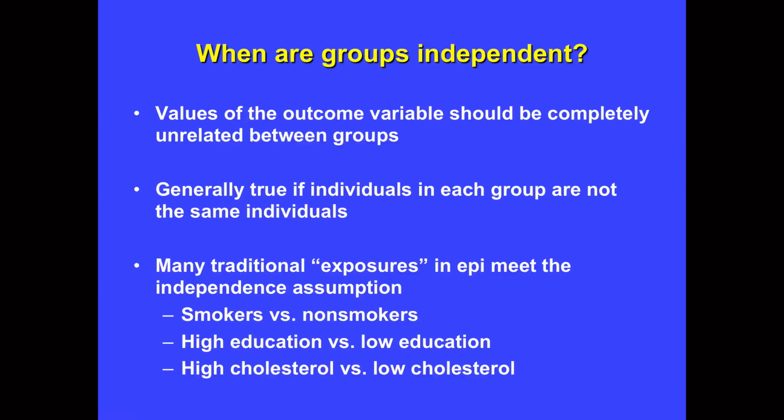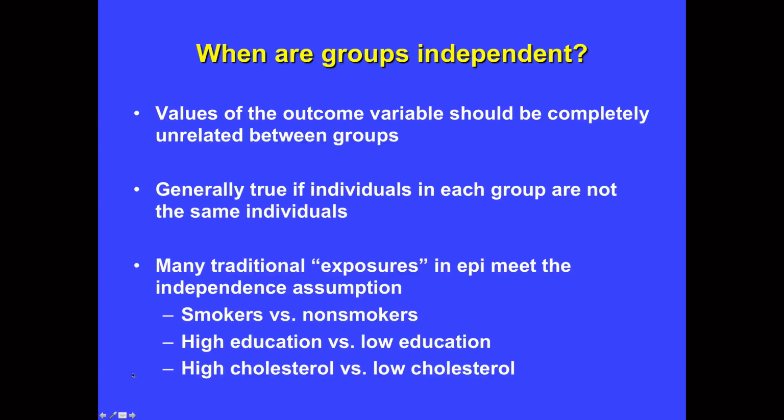And that's generally true if individuals in each group are not the same. That's not always true. There are certain designs where that won't hold, but commonly, as long as you don't have individuals who are resampled many times and therefore appear in both comparison groups, the groups will likely be independent.